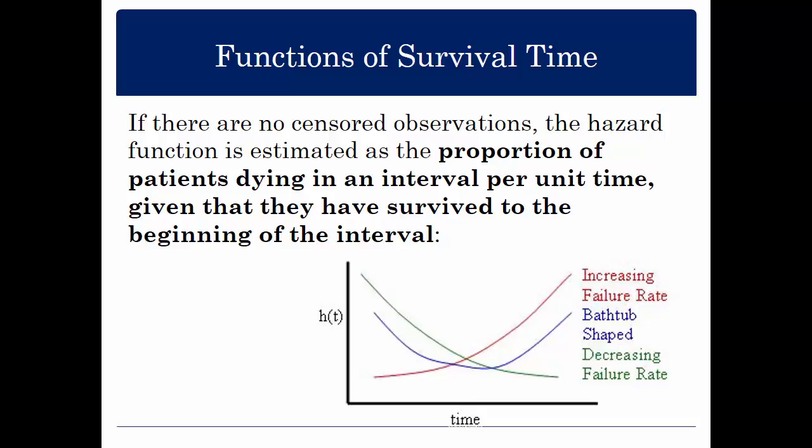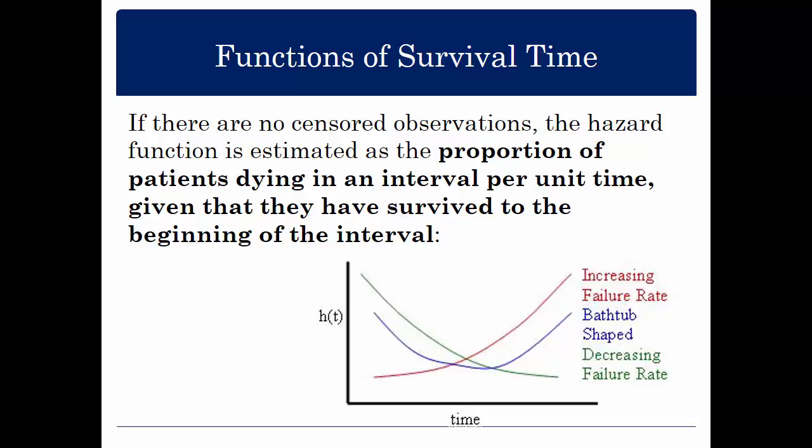So think about when you report a hazard for a clinical trial. If your period of time of interest is 1 year, so you're interested in 1 year survival, if you report a hazard for that 1 year, then you're saying once treatment starts, the hazard represents the proportion of patients dying within that 1 year, given that they were alive at the end of treatment or the beginning of treatment, whatever I ended up saying.